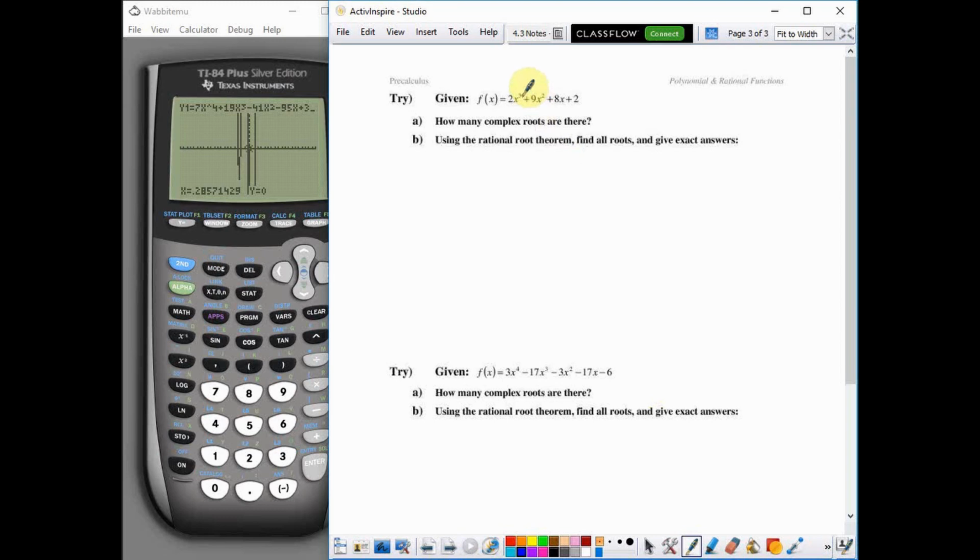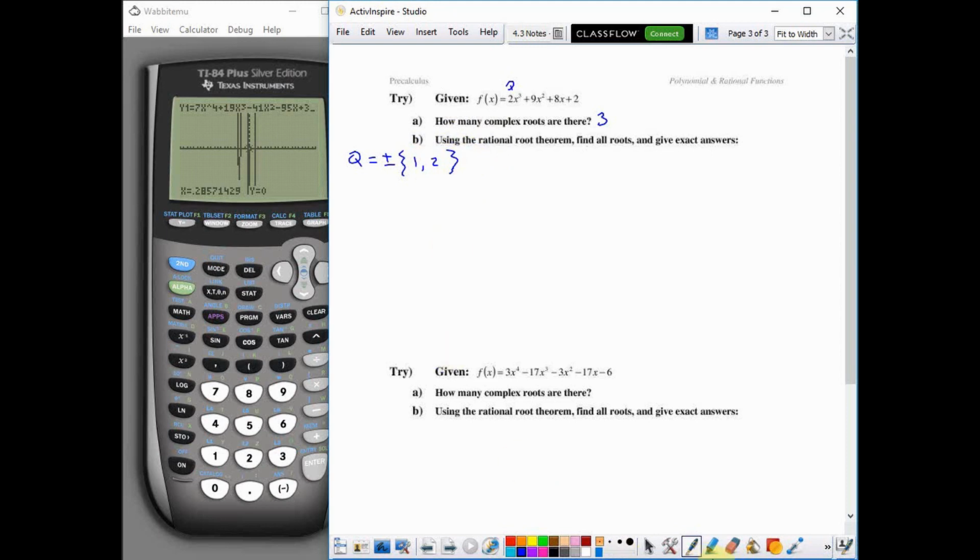So this problem has a degree of 3, which means there are 3 complex roots. Okay, so now we need to find Q and P. So Q is all the factors of the lead coefficient, 2, which is 1 and 2.